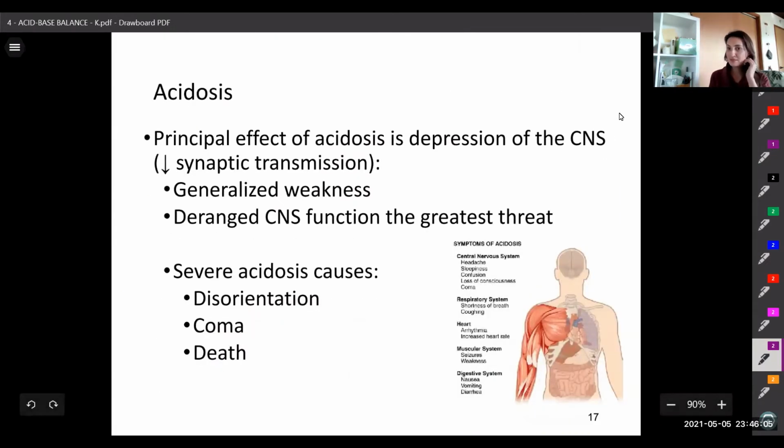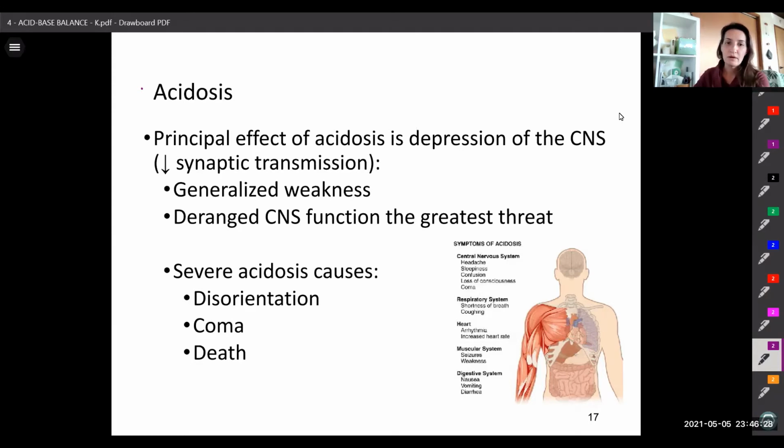So before we look at some of those compensation mechanisms here, let's first just run through some of the common signs and symptoms associated with acidosis, alkalosis, and this goes for both respiratory and metabolic conditions. For acidosis, the primary effect that we're going to see is central nervous system depression.